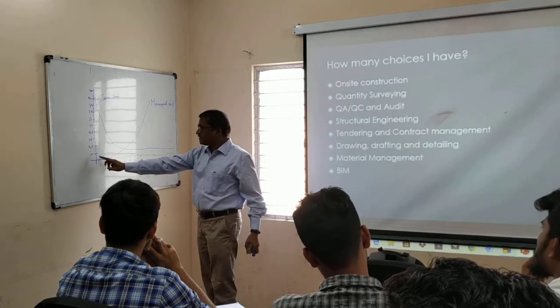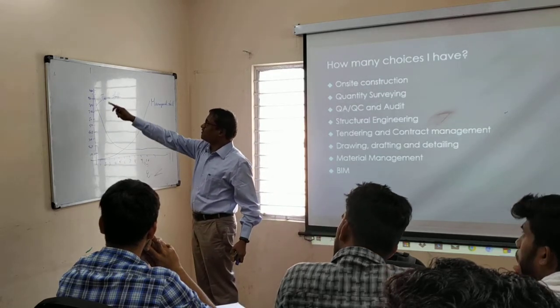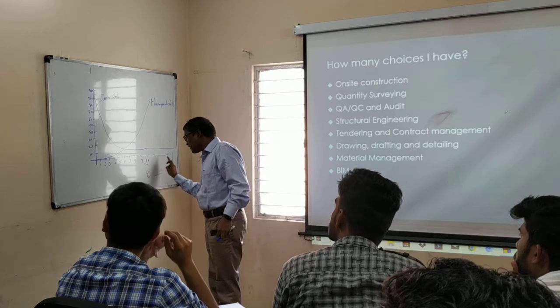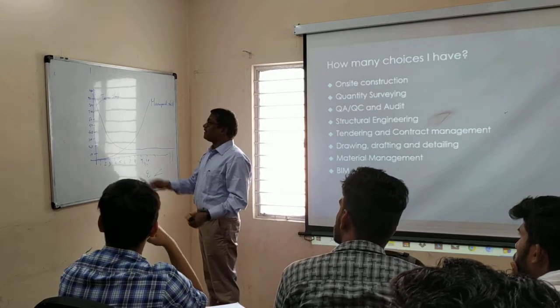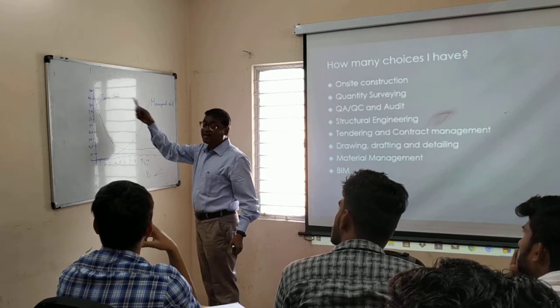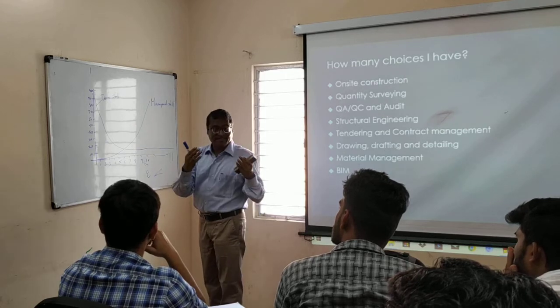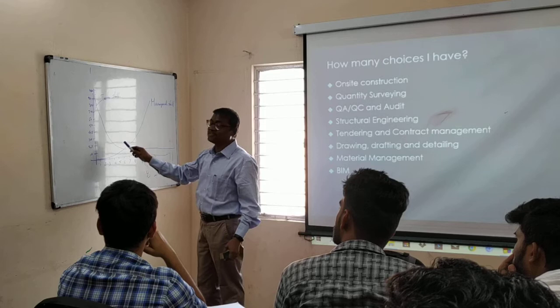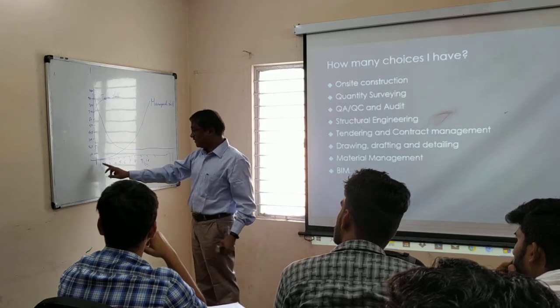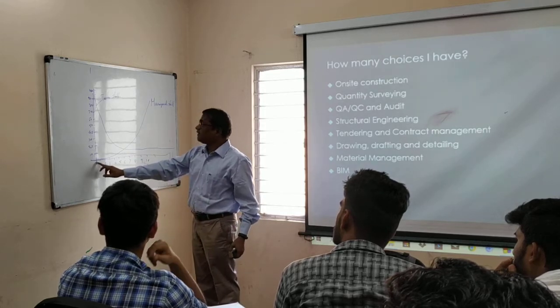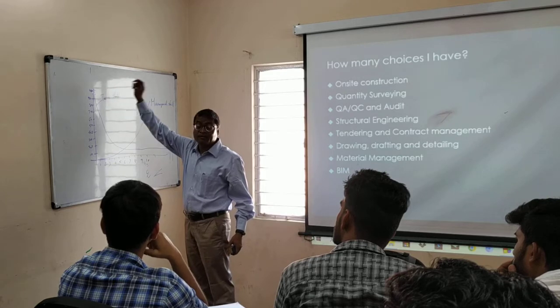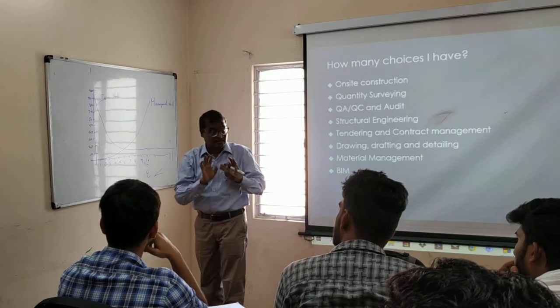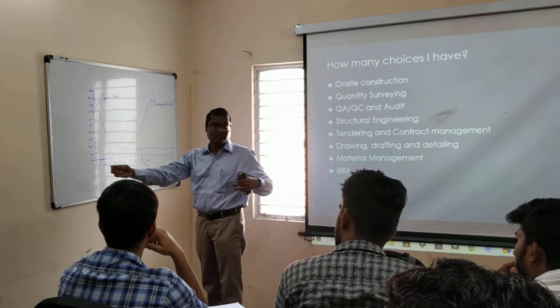See, this is the percentage, and this is the number of years of experience you have. Your technical skill, the application of technical skill, not the presence of technical skill. People have different percentages. When you have zero experience, you will apply your technical skill to the maximum. Only technical skill you will apply in the first few years.